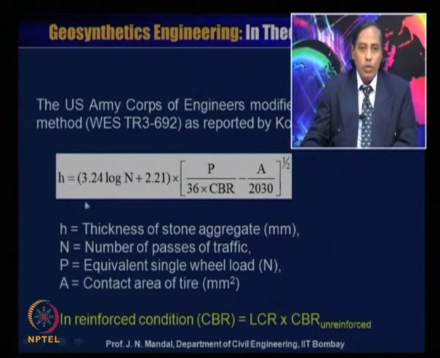H is equal to 3.24 log N plus 2.21 into P divided by 36 into CBR minus A divided by 2030, whole to the power half, where H is the thickness of the stone aggregate in millimeter, N is the number of passes of traffic, P is the equivalent single wheel load in newton, and A is the contact area of the tire.